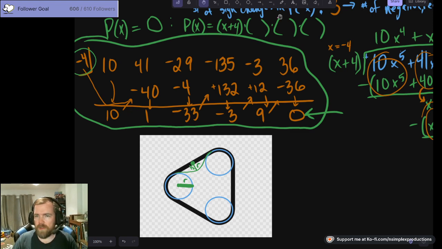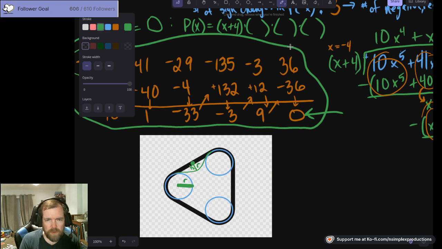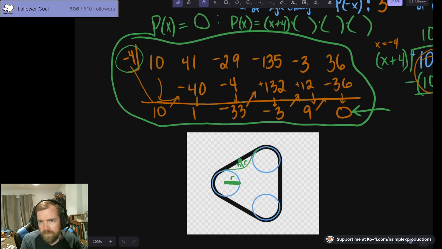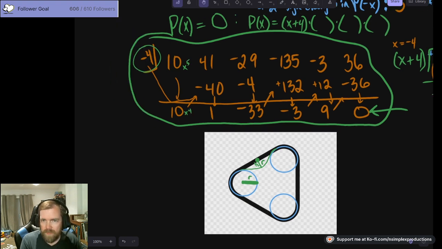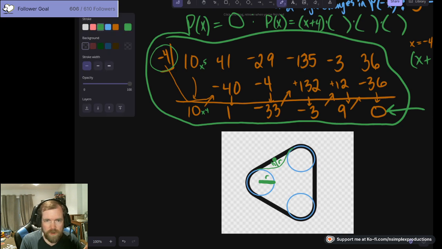Right, so that's another thing that sometimes gets overlooked just a little bit. We already know that this is going to be x to the 5th. This is going to be x to the 4th. And our term over here is going to be x minus negative 4.